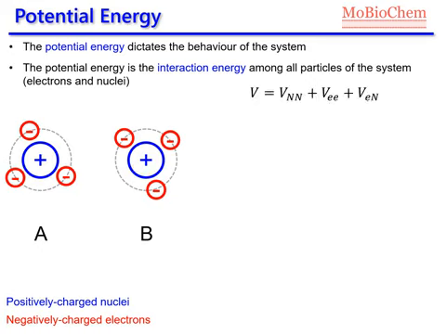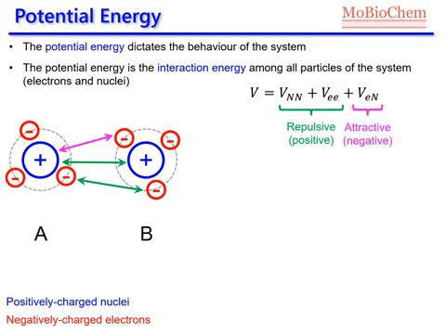So the potential energy is the interaction between nucleus of atom A and nucleus of atom B. Now we also have electron-electron interactions and electron-nucleus interactions. So the interactions between nuclei and between electrons is repulsive, so we will have a positive potential energy, and the interaction between the electrons and the nuclei is attractive, so our potential energy will be negative.